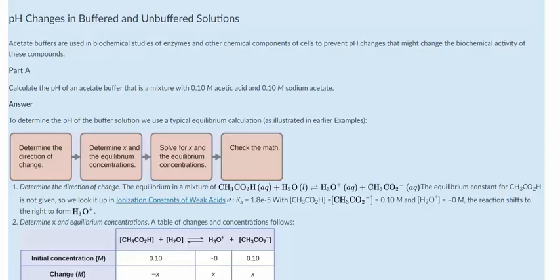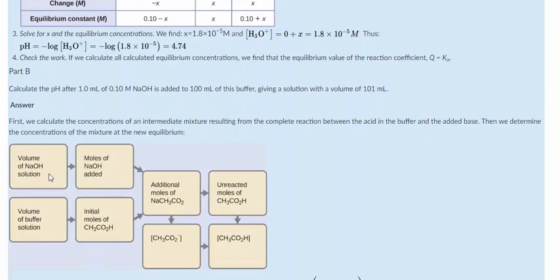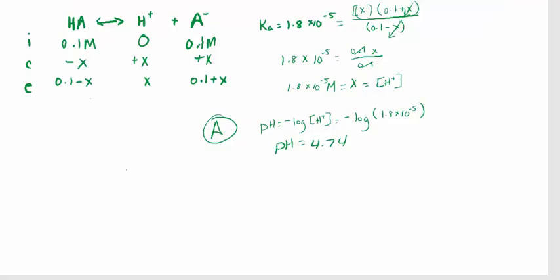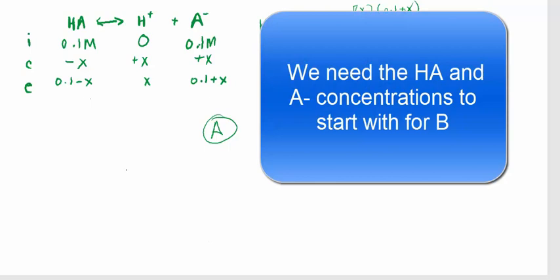Calculate the pH after 1 milliliter of 0.1 molar NaOH is added to 100 milliliters of the buffer, giving a solution with a volume of 101 milliliters. We need to start with approximately our equilibrium concentrations. Because 0.1 minus 1.8 times 10 to the minus 5 is approximately 0.1, that's where we're going to start. And what we need is our weak acid and conjugate base.